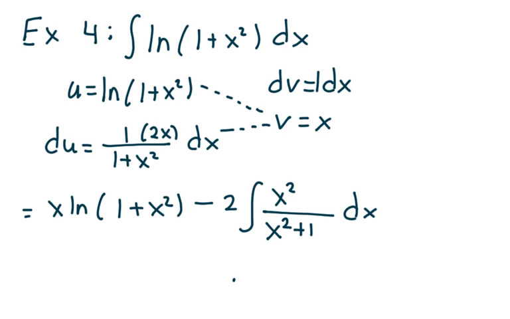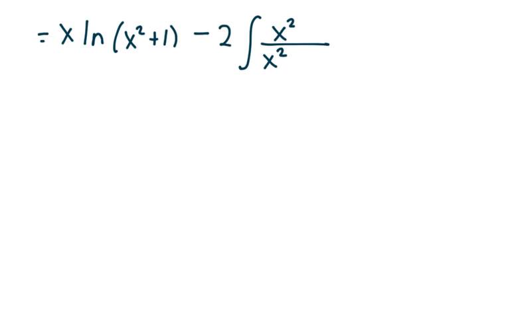So I'm going to teach you a little trick here. So I'm going to write this as x natural log of x squared plus 1 minus 2 times the integral. Now I'm going to take x squared over x squared plus 1 dx. And so what I'm going to do is add 1 and subtract 1 to the numerator. And then I want you to watch what happens.